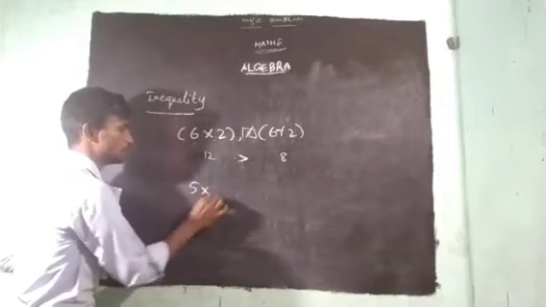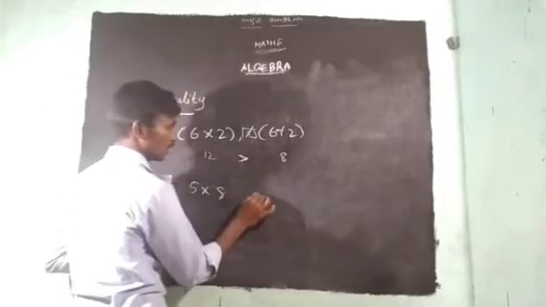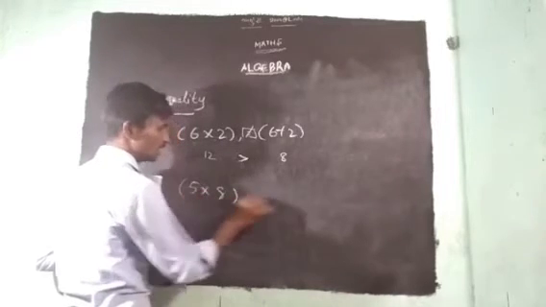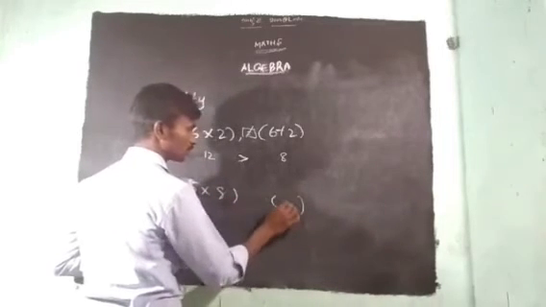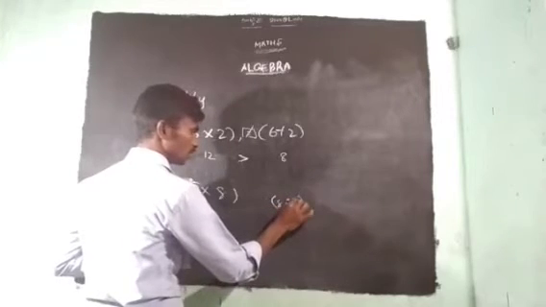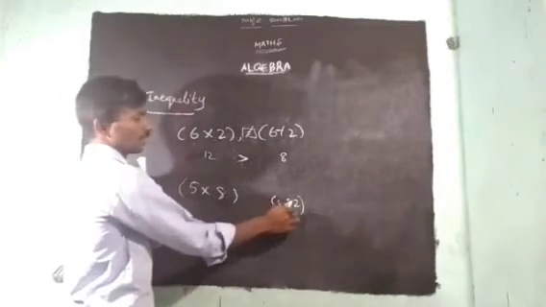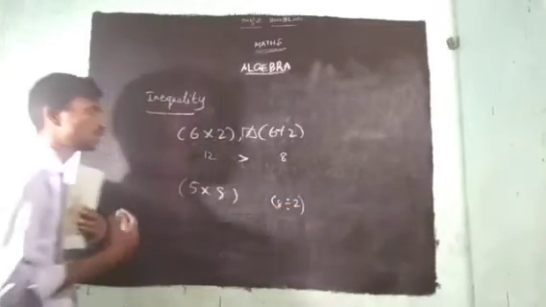The same way, just look at another sum. 5 into 8, first operation. Second operation, 8 divided by 2.